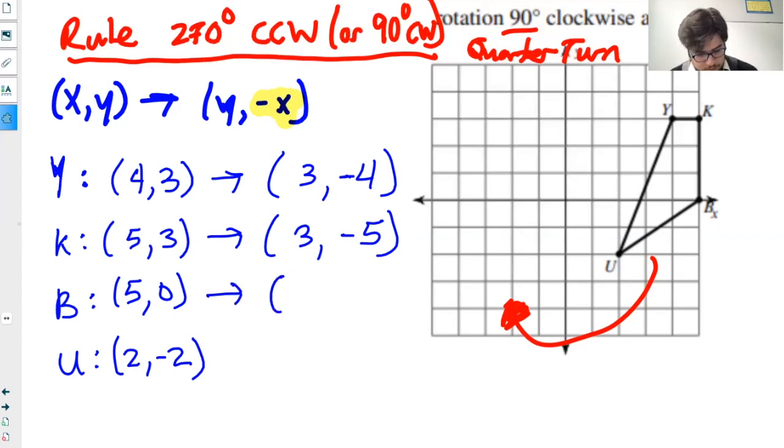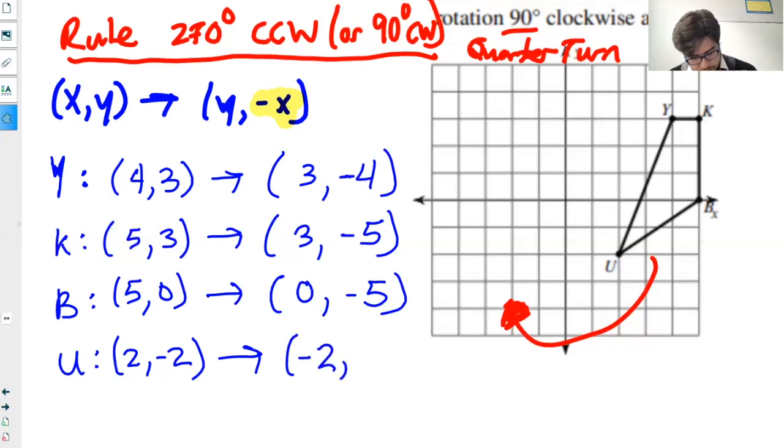Let's flip those values, so now we get 0, 5, and again we get negative 5. And then finally, we have 2, negative 2. Be very careful. We flip these to negative 2, 2, and then we change the sign. It becomes negative 2, negative 2.